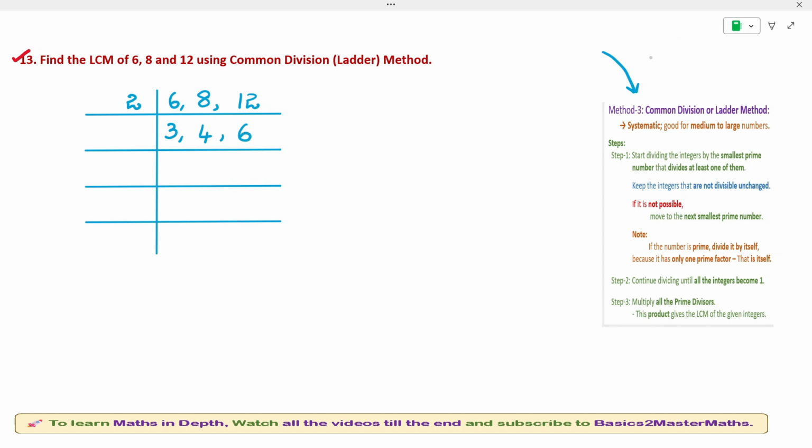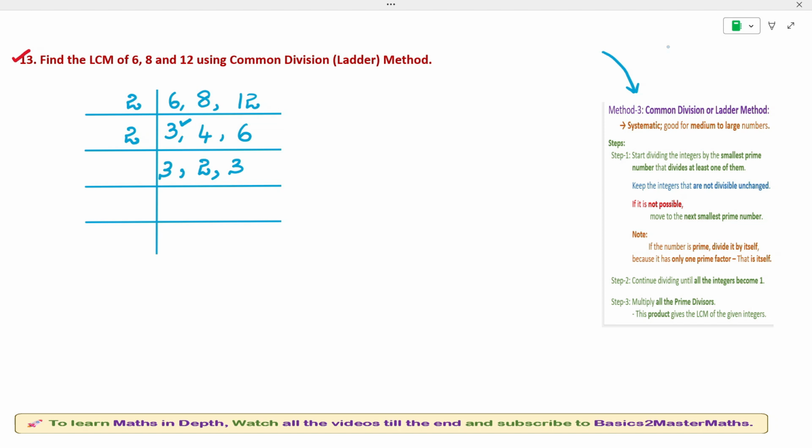Again, start dividing 3, 4 and 6 by the smallest prime, 2. Since 2 divides both 4 and 6 exactly, we get 2 and 3, while this 3 remains unchanged.